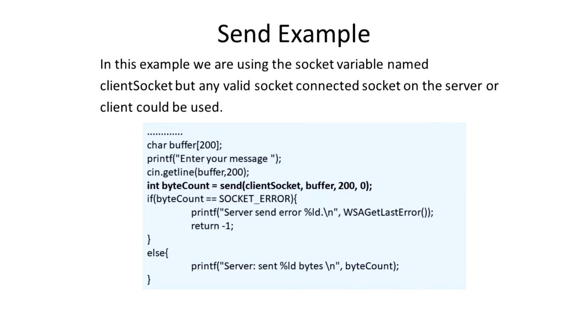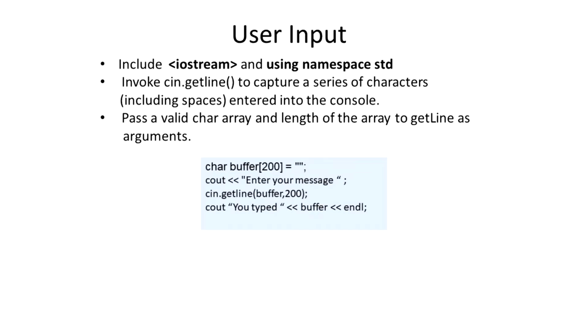And then importantly, in the third line here, we're not using cin with the extraction operator, the 2 chevrons pointing towards a variable. But here, notice that we are using the getline function, which is part of the cin library. And there's a reason for this, because with cin, that would terminate at a white space.